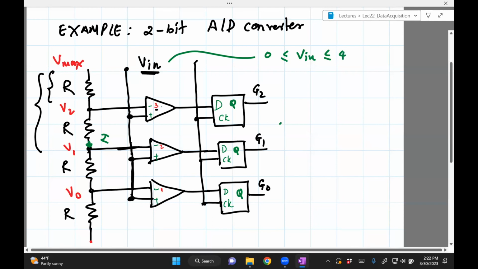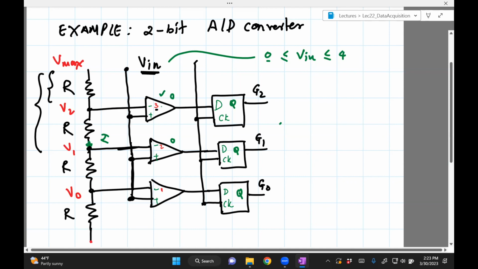If this voltage is, let's say, 0, then the comparator compares 3 against 0 and the output is going to be 0 because 3 is greater than 0. It'll compare 2 against 0, so the output would be 0.